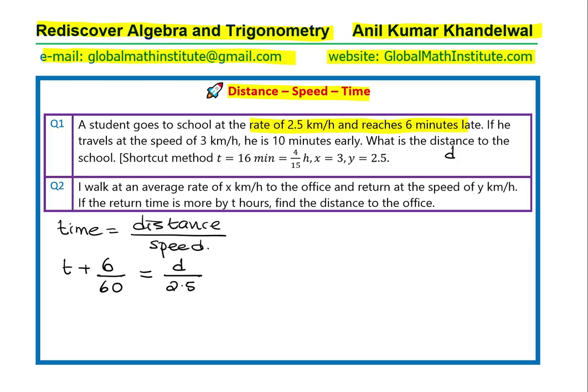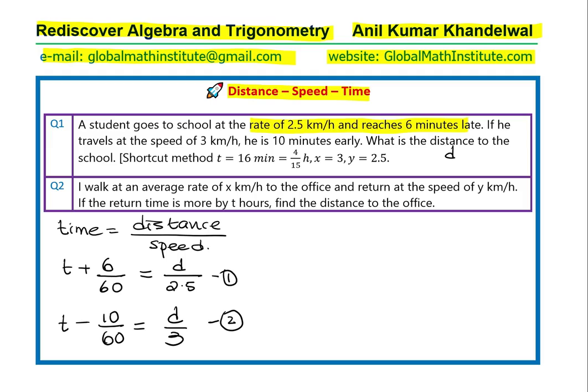In the second scenario, when the speed is 3 kilometers per hour, lesser time is taken. So t minus 10 over 60 equals the same distance over 3. So that is how we actually get two equations. Let me write them as equation 1 and equation 2.